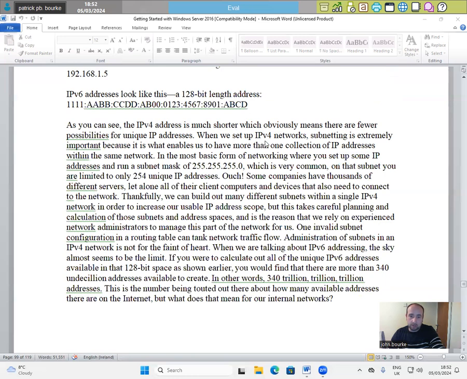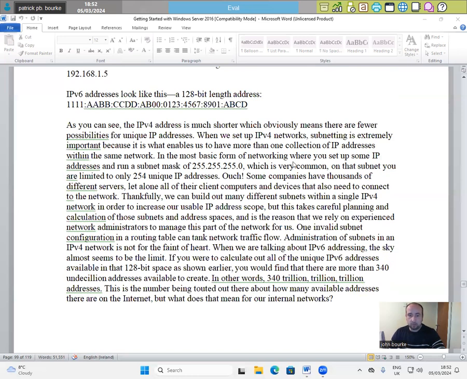When we set up IPv4 networks, subnetting is extremely important because it is what enables us to have more than one collection of IP addresses within the same network.